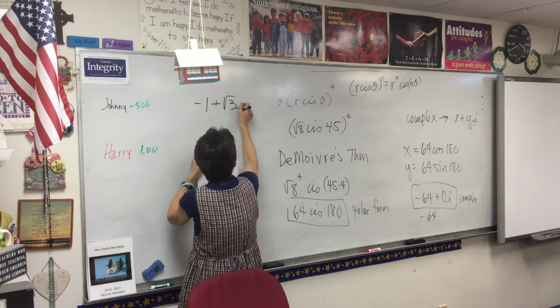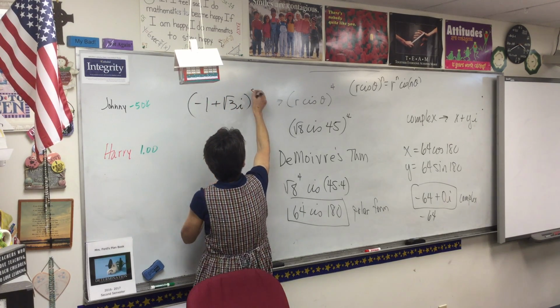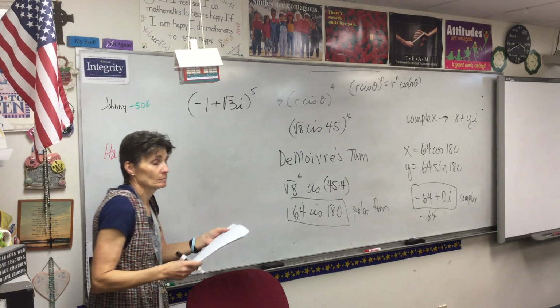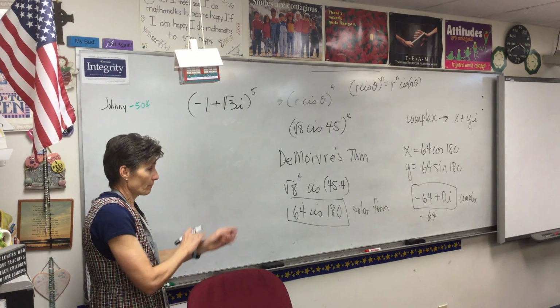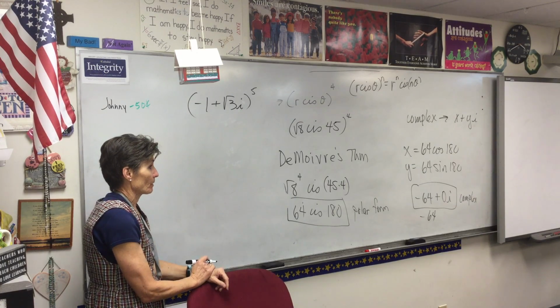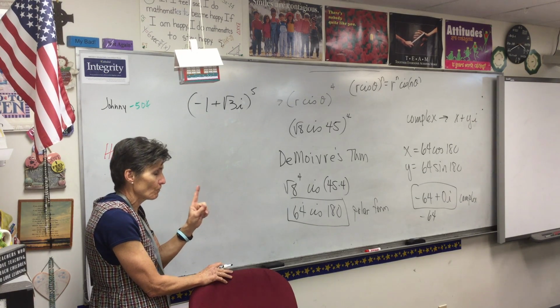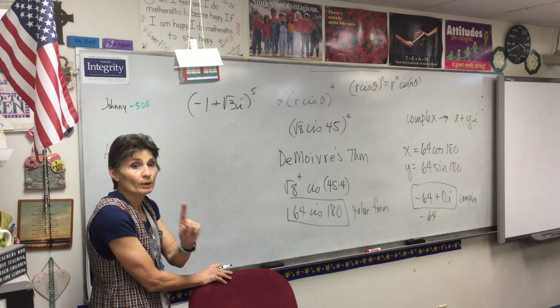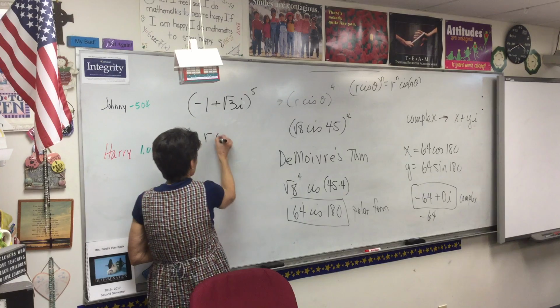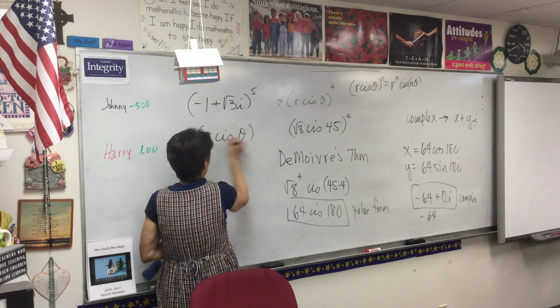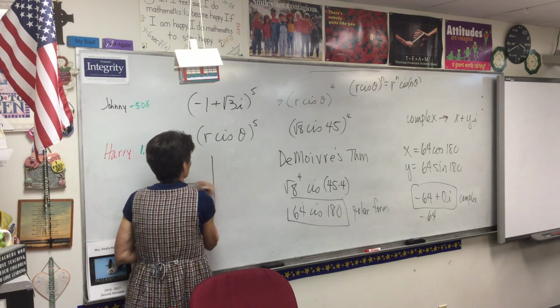All right, let's try one more. Negative 1 plus root 3i, and we're going to the 5th power. Look back at the last problem. What do I have to do first? Put it in polar form. So first I need to find r and theta. So we'll draw a picture.